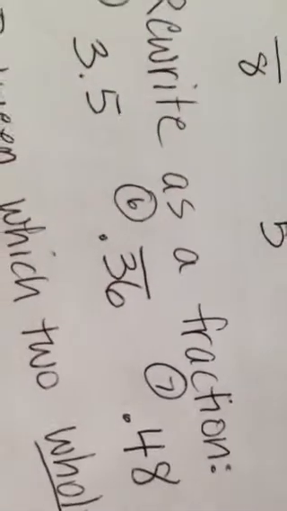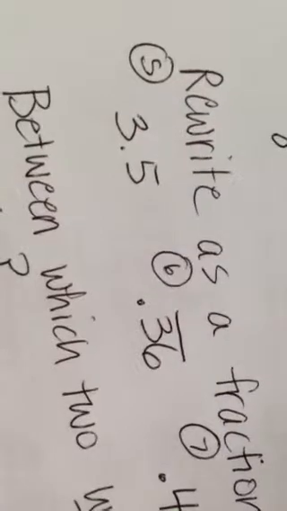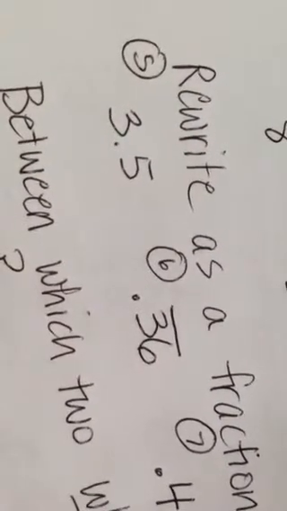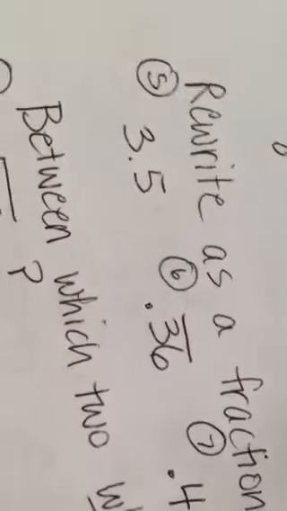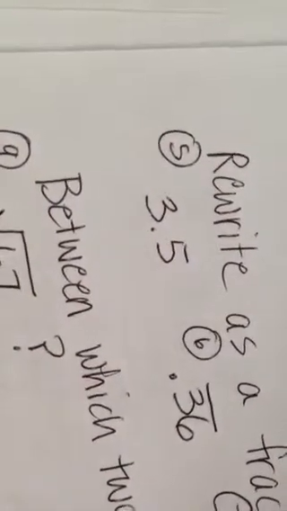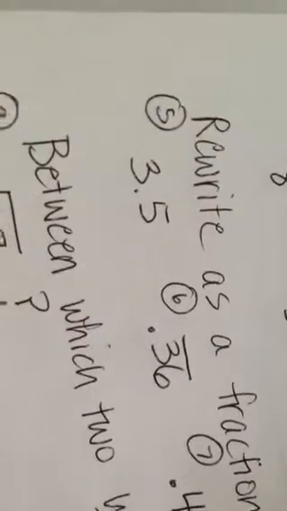Okay, number 5 is rewrite as a fraction. The first one is 3.5. Go ahead and pause it. Okay, 3.5, if you think about it, if that was money, that'd be $3.50. Or if you're going to rewrite it as a fraction, you're going to keep your whole number 3.